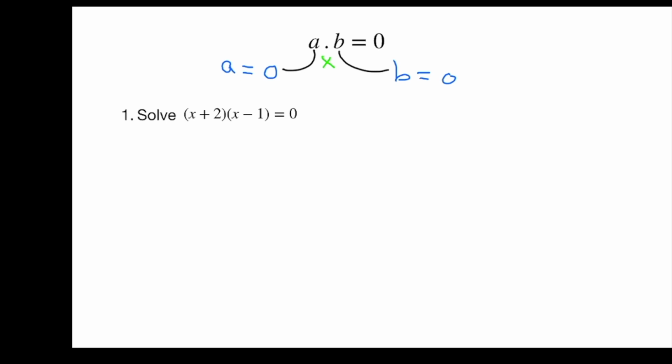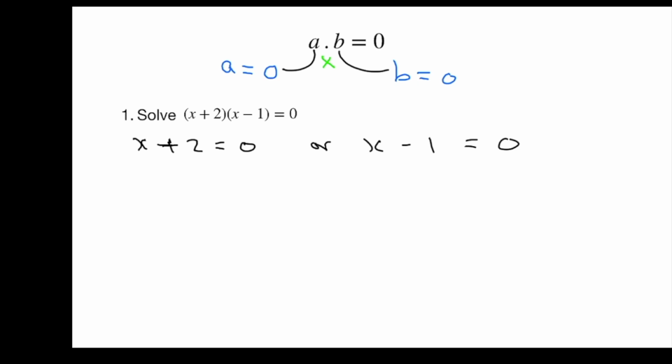So let's use that property to solve this equation. This equation says x plus 2 is multiplied by x minus 1, and they give us an answer of 0. That can only happen when x plus 2 is 0 or x minus 1 is 0. So we write x plus 2 is equal to 0 or x minus 1 is equal to 0.